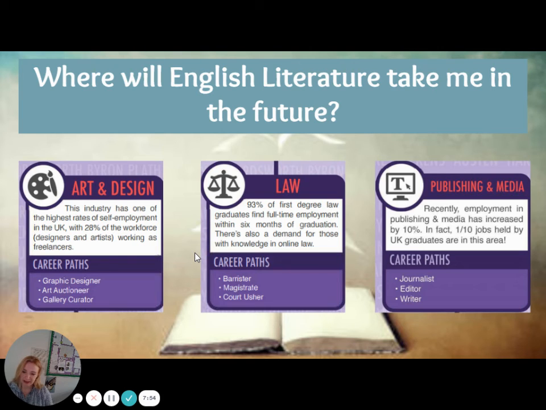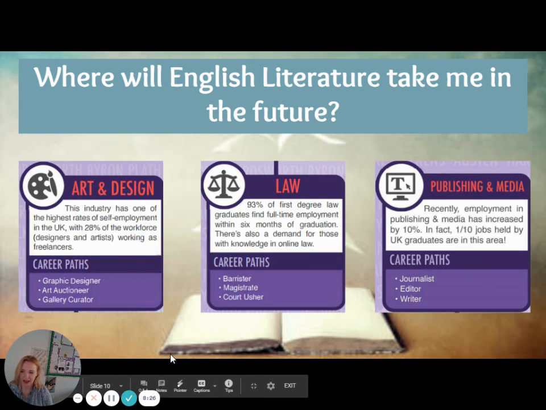In terms of specific career paths, we can see a really fine balance between the creative arts, things like art and design or working in publishing and media, and very analytical areas in terms of careers such as law, because literature is a really fine balance between that creativity and that enjoyment of art and culture, but also a very clear-minded analysis of texts and the ability to express your understanding very eloquently and clearly.